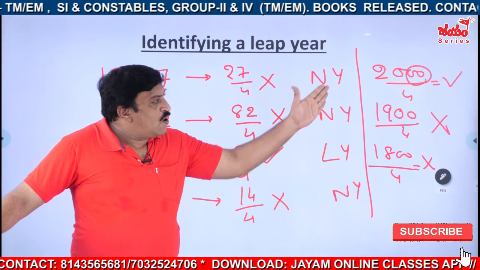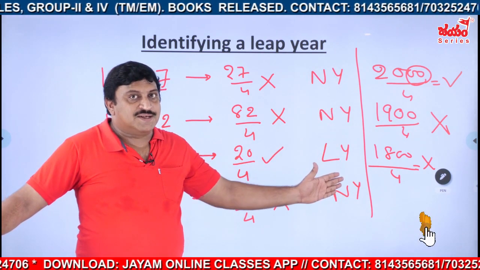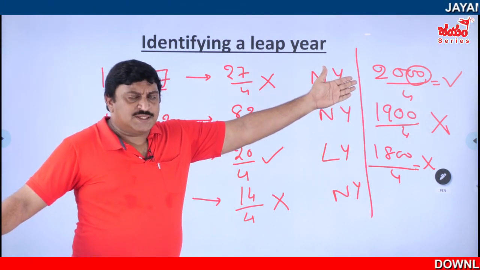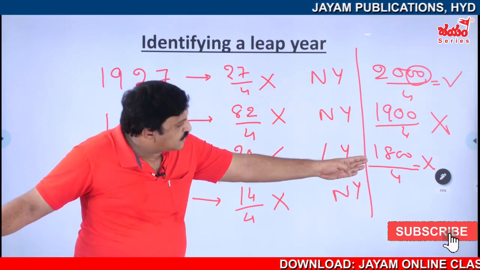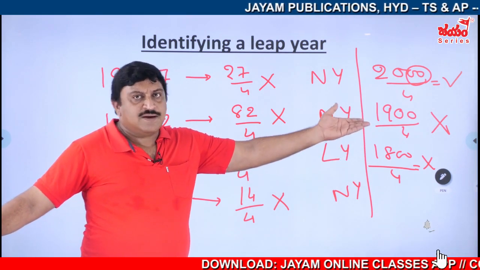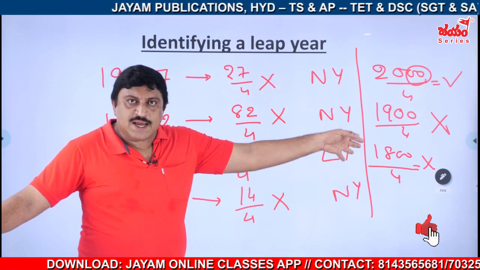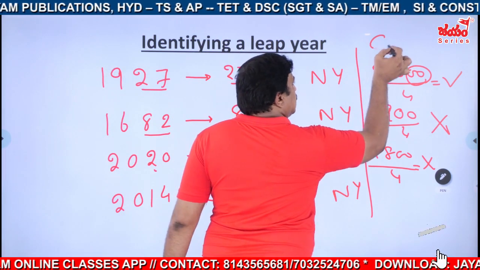Just see this one. All these years are called century years. 2000 is 20 centuries. 1800 means 18 centuries. 1900, 19 centuries are over. So these are called century years.